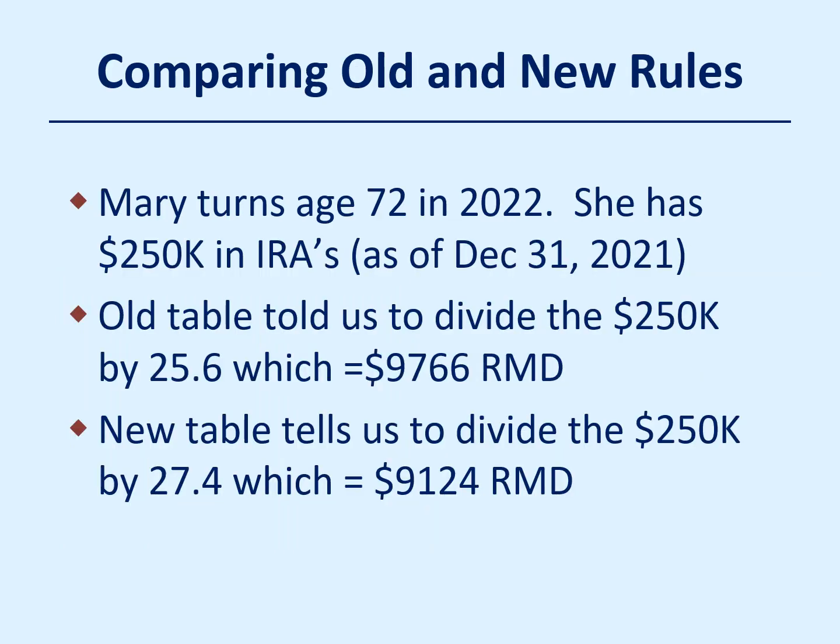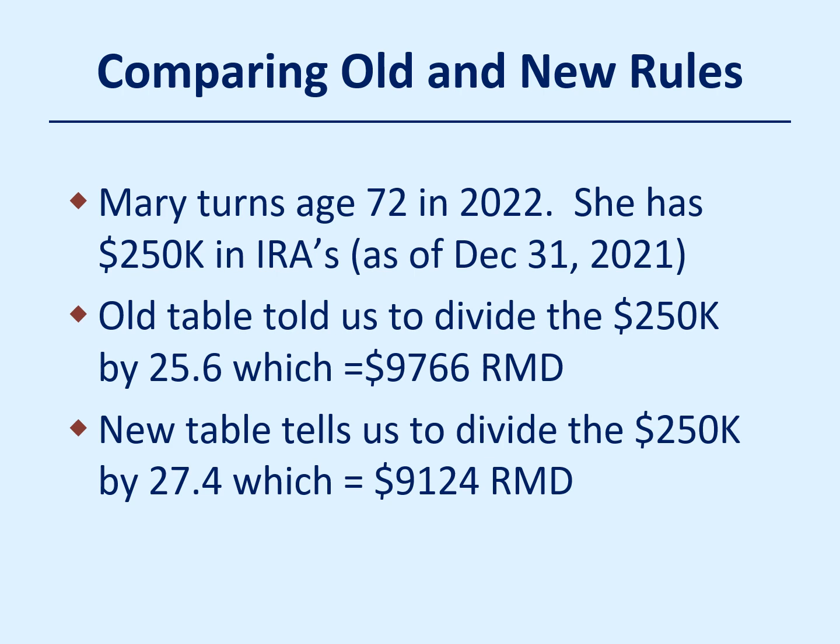So let's use an example here comparing the old and the new rules. We've got someone, Mary, who turned 72 in 2022. She has $250,000 in IRAs, and that was the value as of December 31st of last year. If we didn't have a revised table, we would have taken the $250,000 divided by 25.6, and that would have given us a $9,766 RMD.